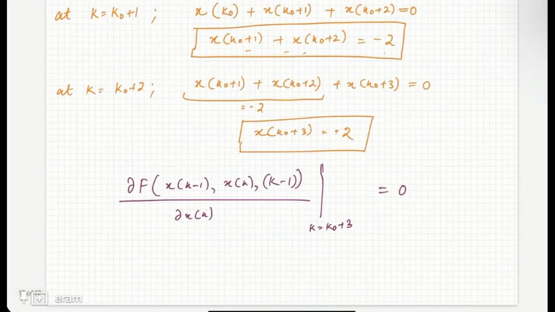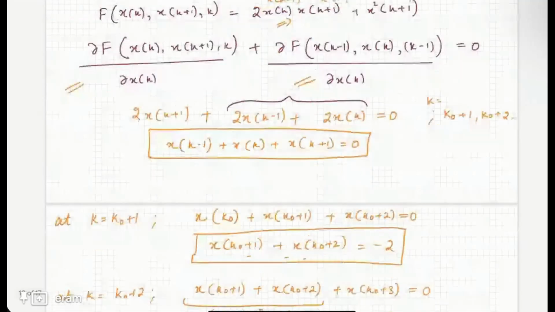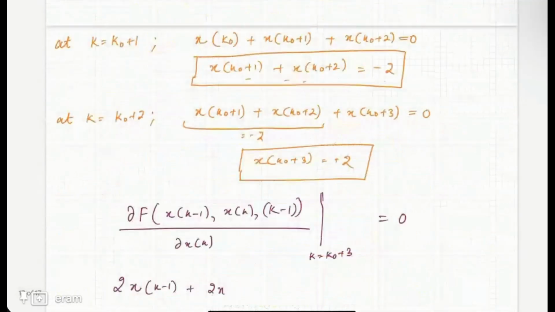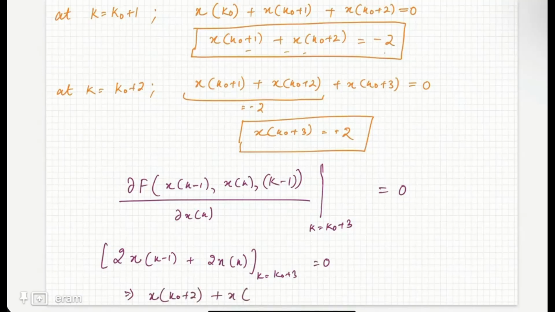So let's write it. So this will give us 2 xk minus 1 plus 2 xk at k equals to k naught plus 3 equals to 0. That means x of k naught plus 2 plus x of k naught plus 3, this is 0.